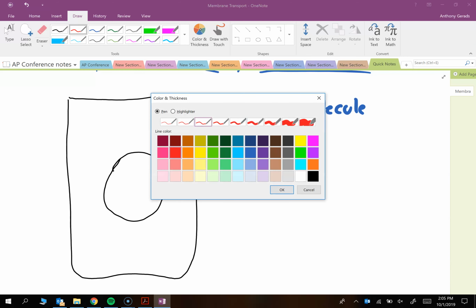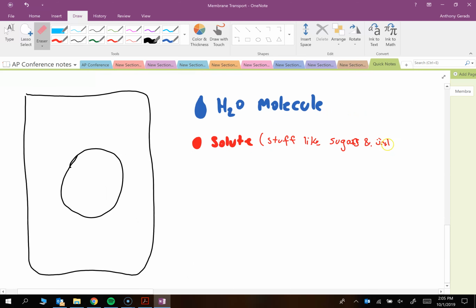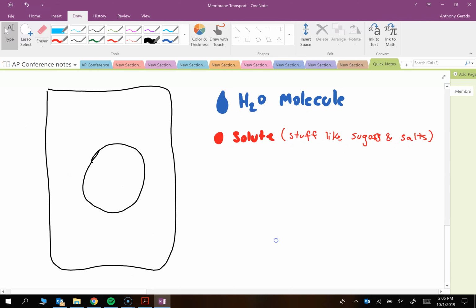Okay, solute, which is going to be stuff like sugars and salts. What the heck is my pen doing? Looks like I'm writing in Arabic. Okay. So it's going to be stuff like sugars and salts.